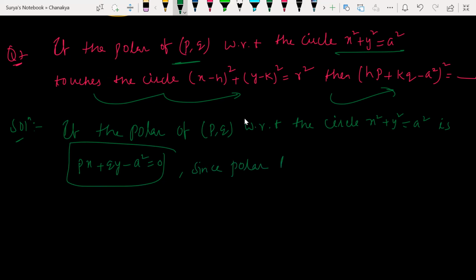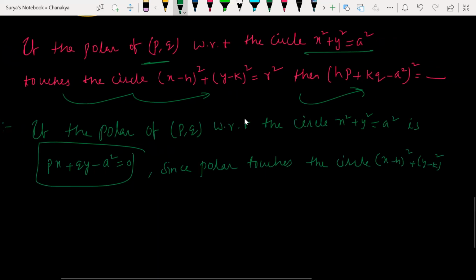the polar touches the circle x minus h whole square plus y minus k whole square is equal to r square, then what is the radius? Radius is the perpendicular distance from the center to the polar.